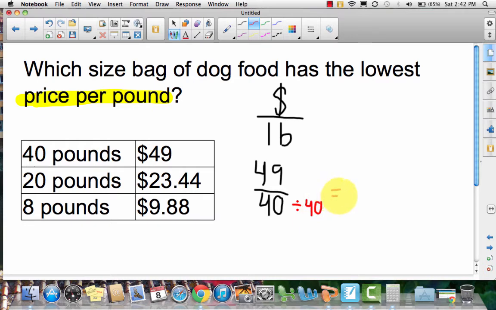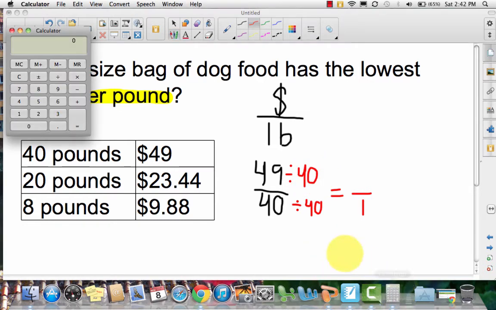Since I divided the bottom of the fraction by 40, I'm going to come up to the top and do the same thing up here. 49 divided by 40. And this is where a calculator will come in handy. So I'm going to grab my calculator over here, and we have 49 divided by 40.